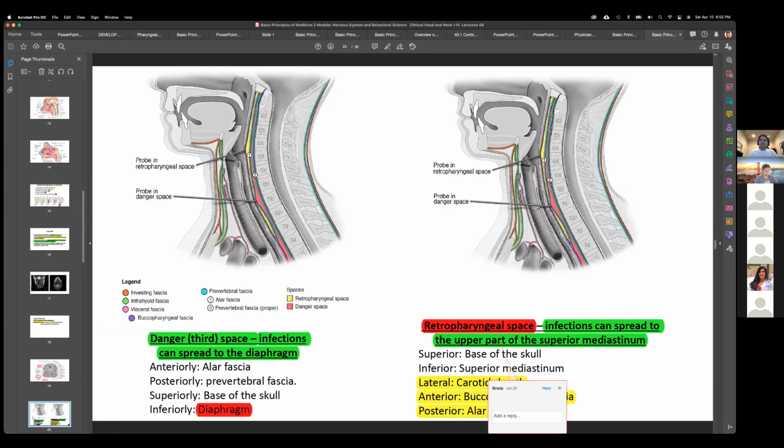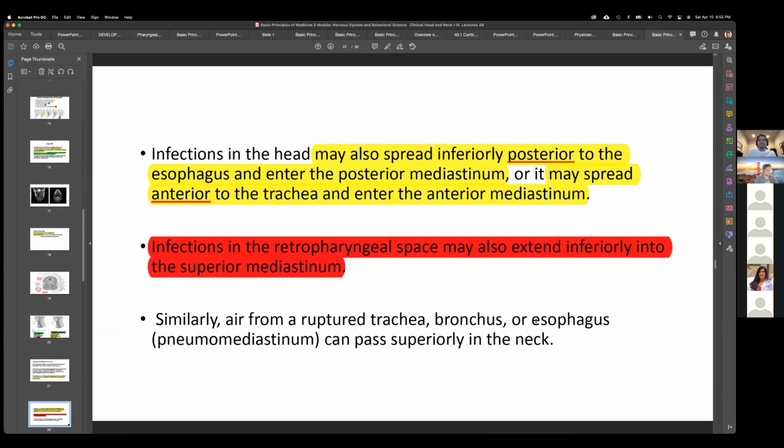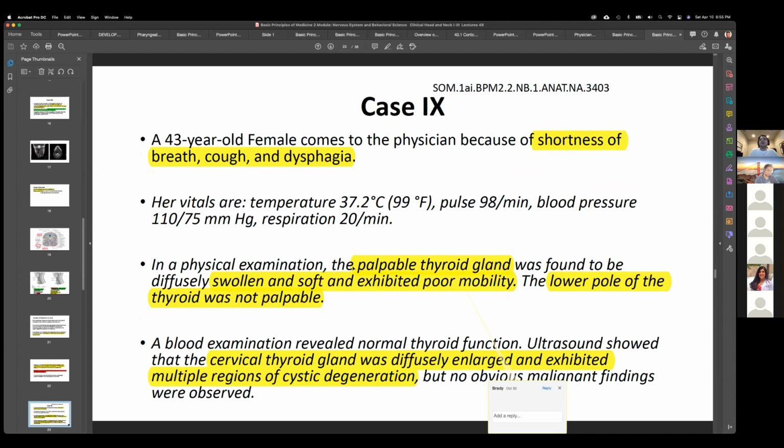Okay, I seem to remember a question about this. Like, what is the danger area for spread, so you get sinus drainage? You can go there. It's more about it here. Yeah. Retropharyngeal space inferiorly to the superior mediastinum, right? So you can get some sort of chest infection. Shortness of breath, cough, and difficulty swallowing.